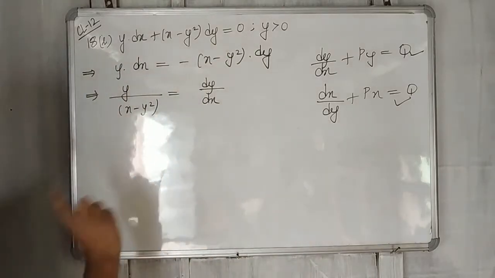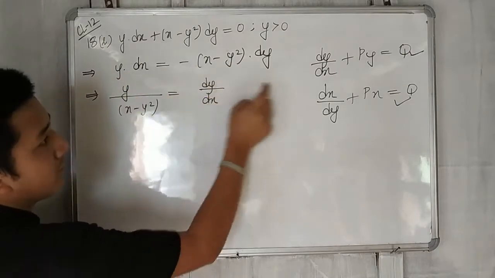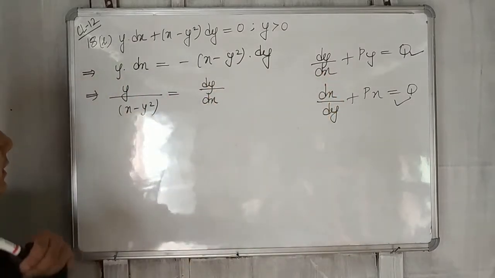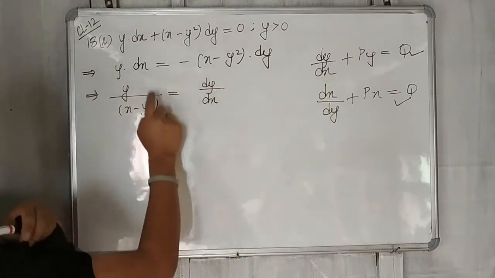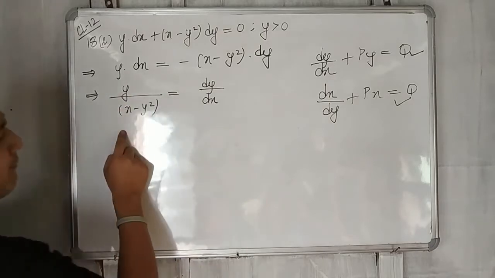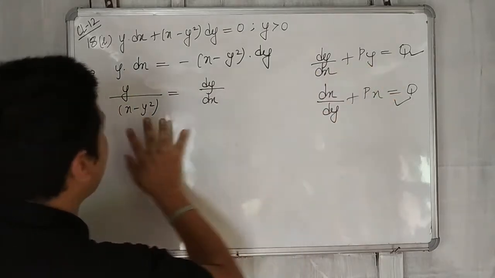So if I write the equation in terms of dy by dx, then here I'll be having some problem, because I have to get it in this form, which I'll not get.